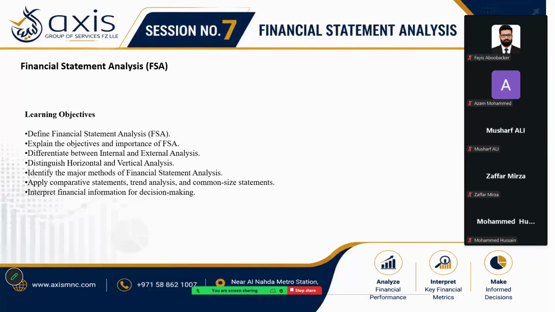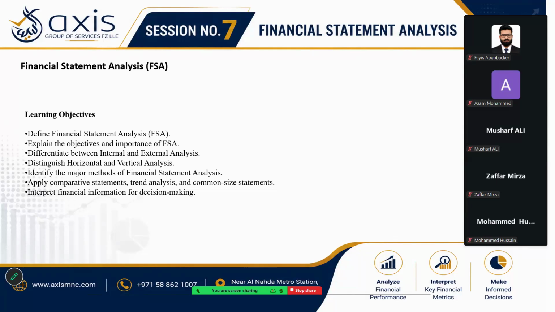And identify the major methods of financial statement analysis. Methods of preparing the financial statements. Here, major methods of financial statement analysis.